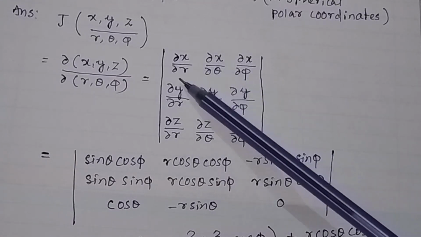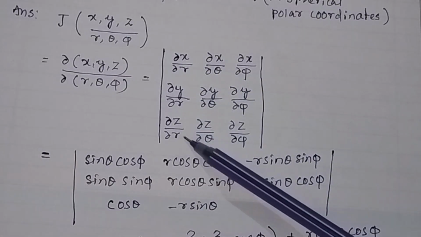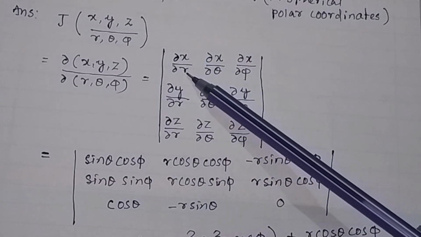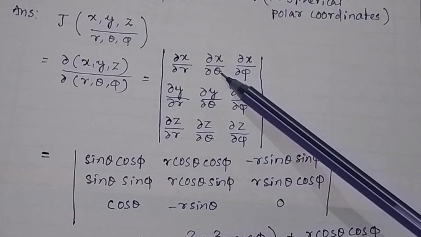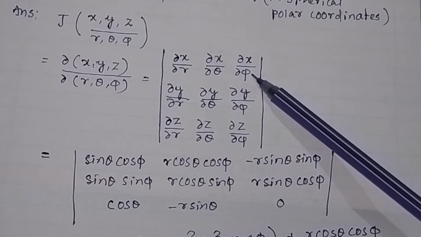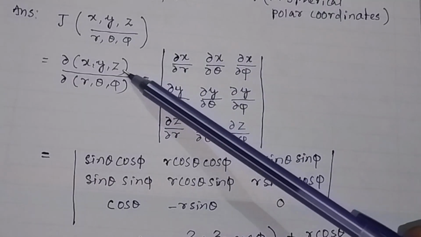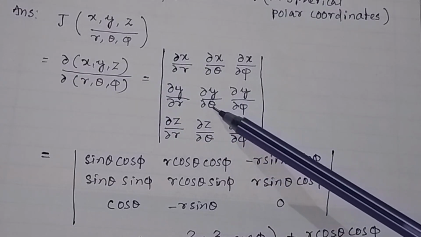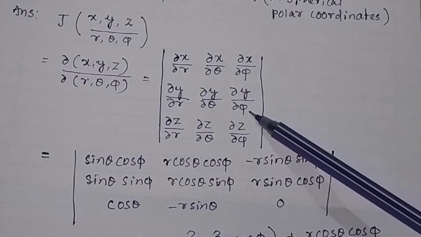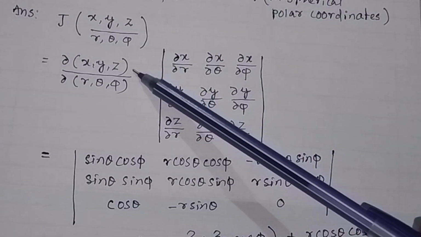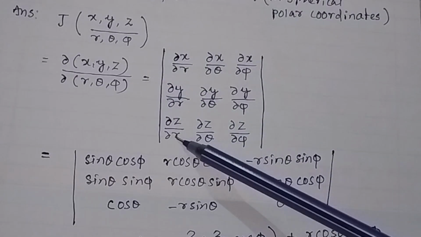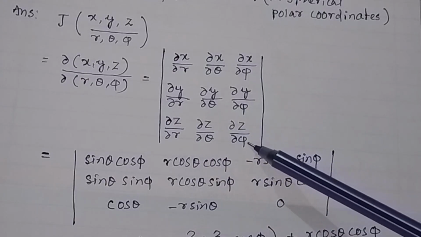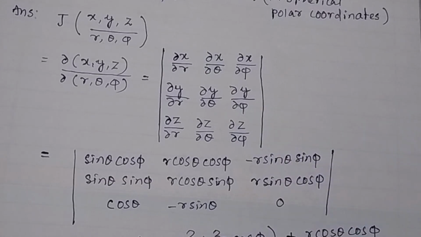The Jacobian is also written in determinant form like this: partial derivative of x with respect to r, partial derivative of x with respect to theta, partial derivative of x with respect to phi, then partial derivative of y with respect to r, theta, and phi, then partial derivative of z with respect to r, theta, and phi.